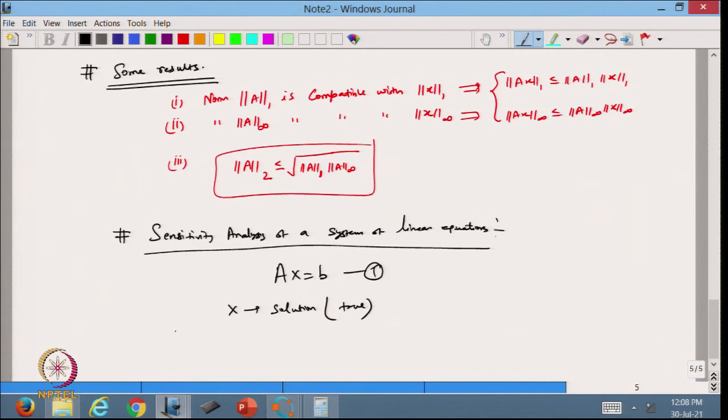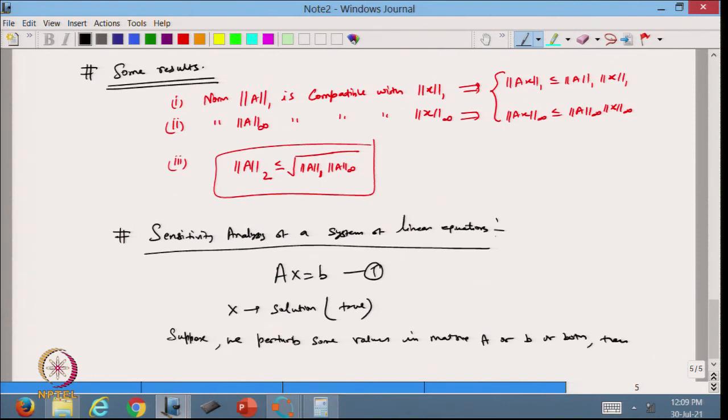Now, suppose we perturbed some values in matrix A or B or both.